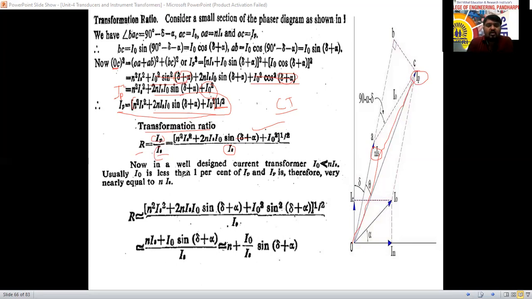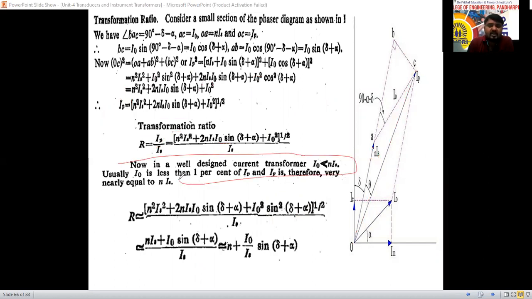On that condition, we are going to neglect this part, and in this place of I naught square we are going to use the reactive component value, that is sine square delta plus alpha. So by using this, I will rearrange the equation. You can write this much if you are unable to remember.